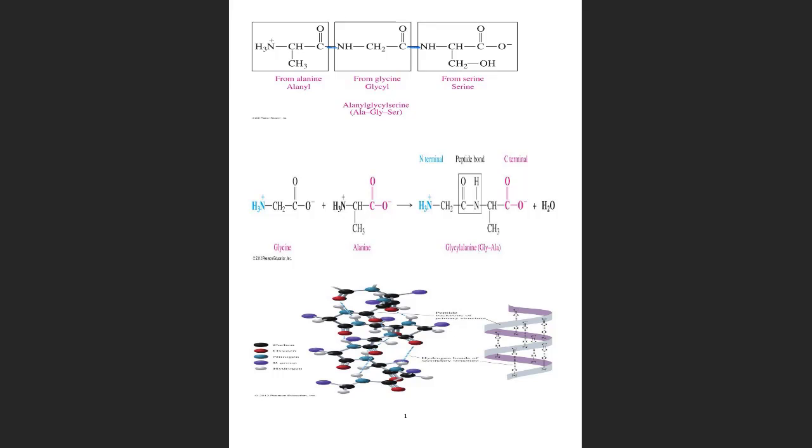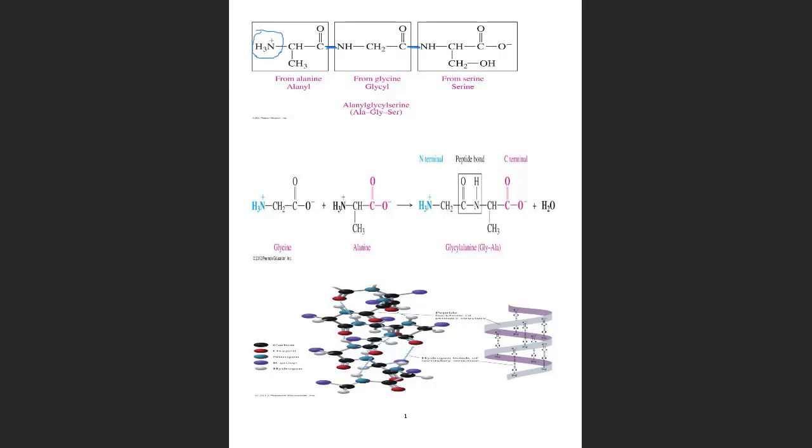So this is the peptide bond, and this is the peptide bond. And we have a tripeptide because it has 3 amino acids. And we start at the N terminal. This is the N terminal, right? On the left. We start from the amine of the N terminal.